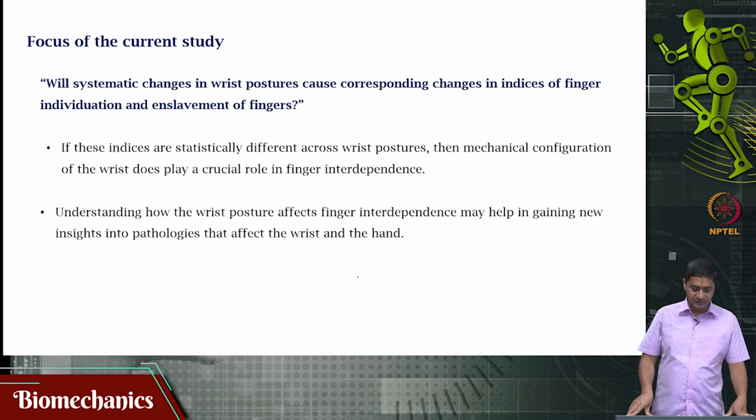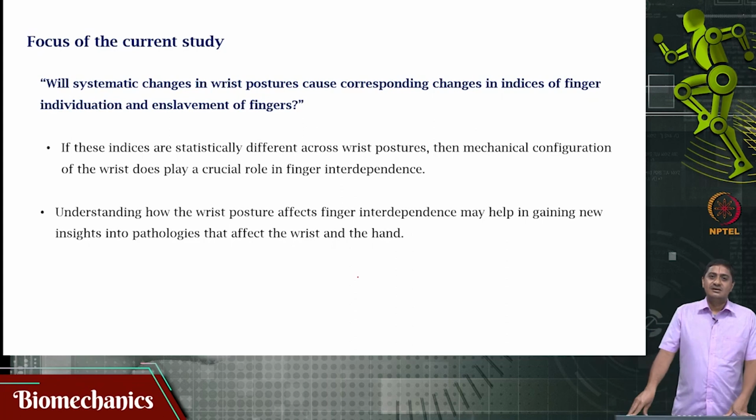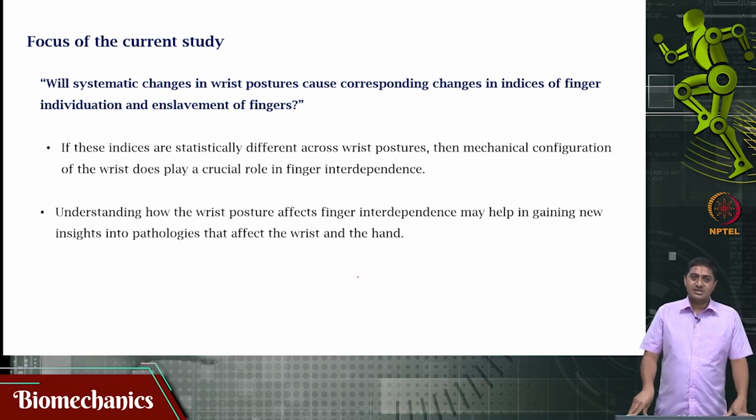So the hypothesis is that changing the wrist posture systematically will cause a systematic change in the indices of finger interaction, such as enslavement, such as individuation index, and such as stationarity index.